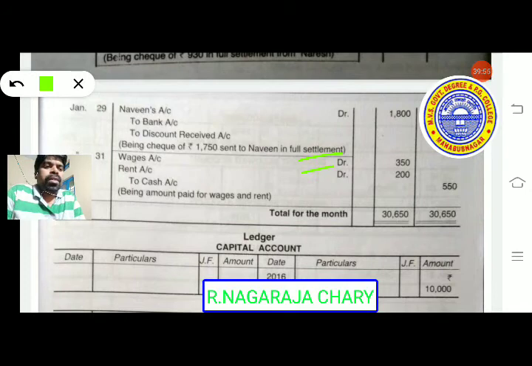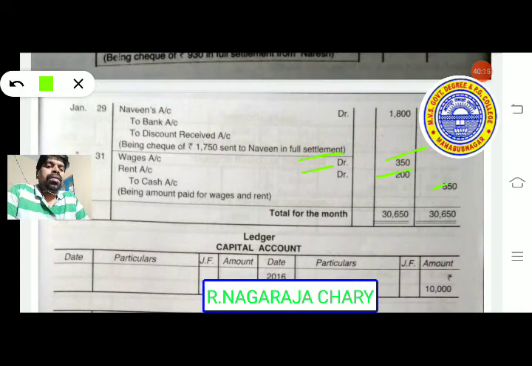Here wages of 350 rupees and rent of 200 rupees are both paid in cash, so 550 is paid. That is why this is known as composite entry, being amount paid for wages and rent.